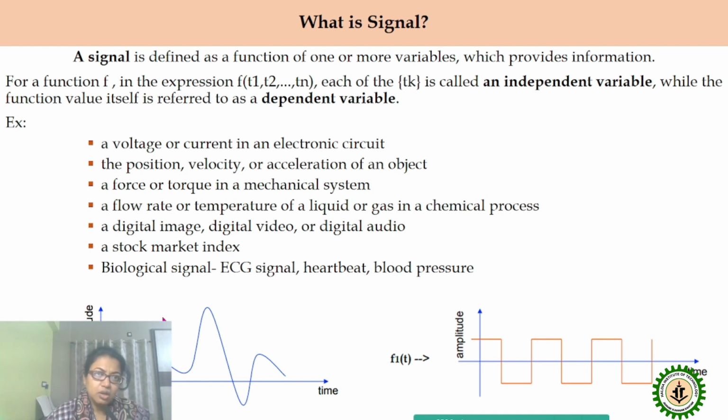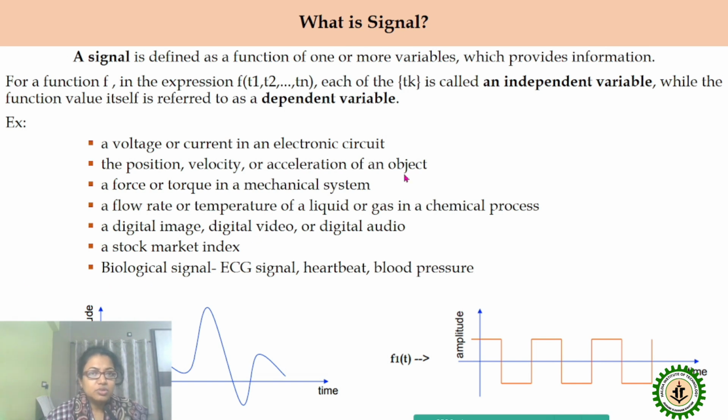So there are mainly two kinds of variables, dependent and independent, where time is the independent variable, which keeps on changing, and depending on that the amplitude will change. Any example you can consider.